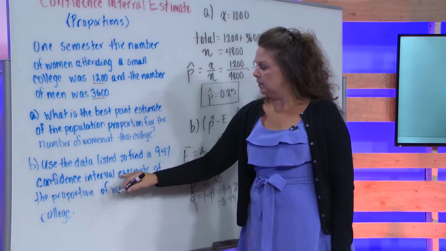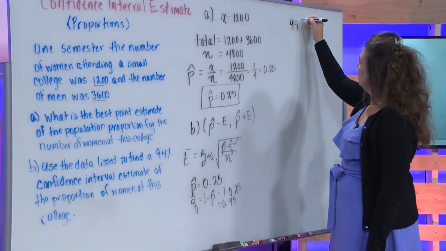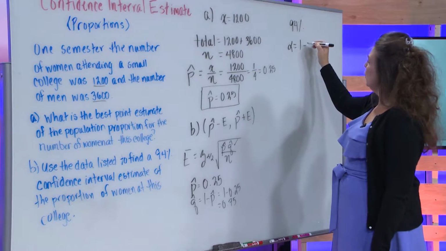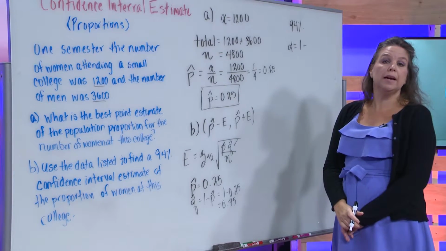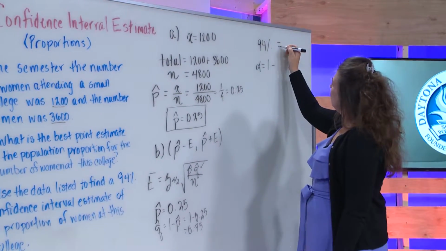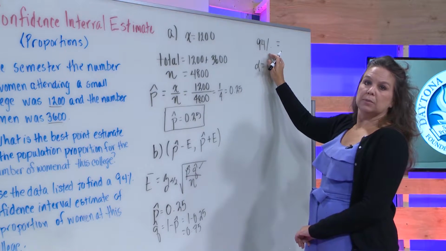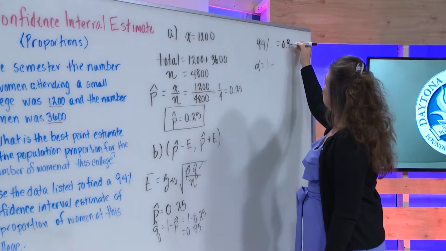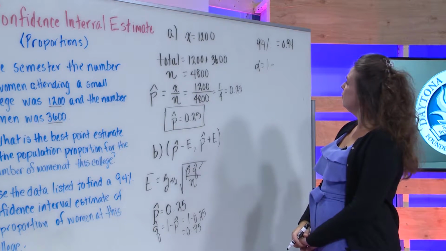We are asked to find a 94% confidence interval estimate. So our alpha is equal to 1 minus this 94%. I need to put the 94% in decimal format. Recall, to put something in decimal format, I drop the percent symbol and move the decimal 2 places to the left. So 94% is equal to 0.94.